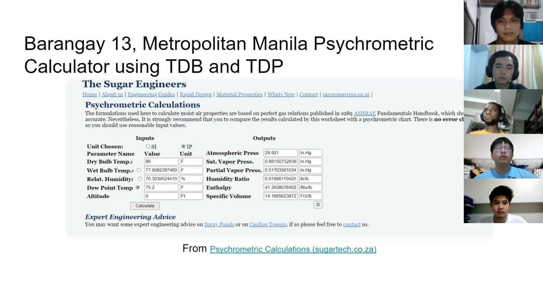Inputting the values taken from AccuWeather to the online calculator, we could also obtain the values using the online calculator. From here we can get the wet bulb temperature to be 77.9, the relative humidity to be 70.3, the enthalpy to be 41.39, and specific volume to be 14.16.